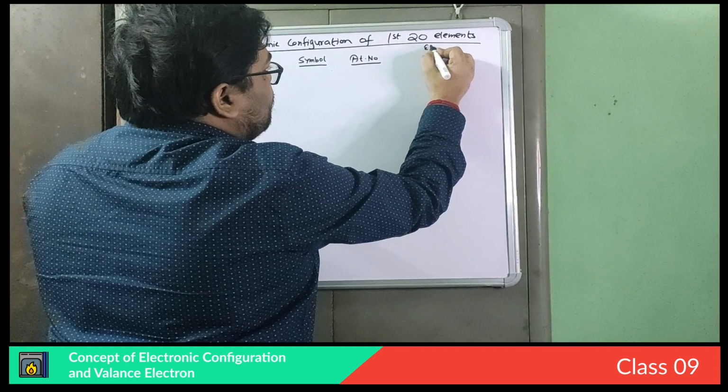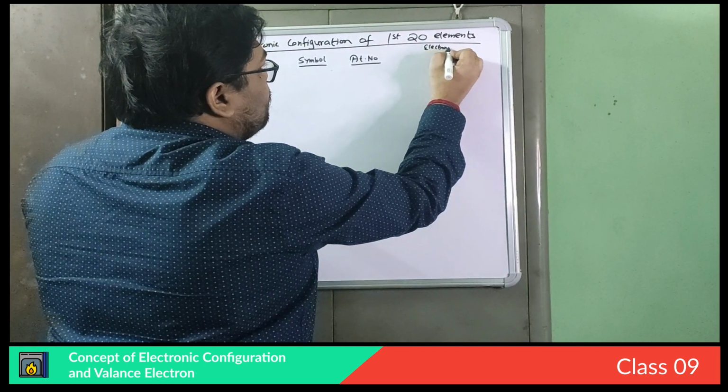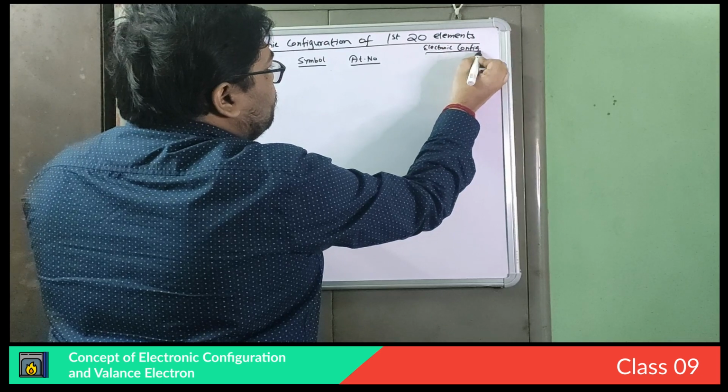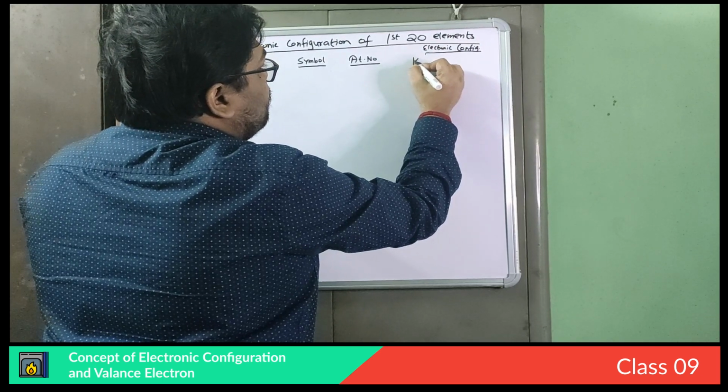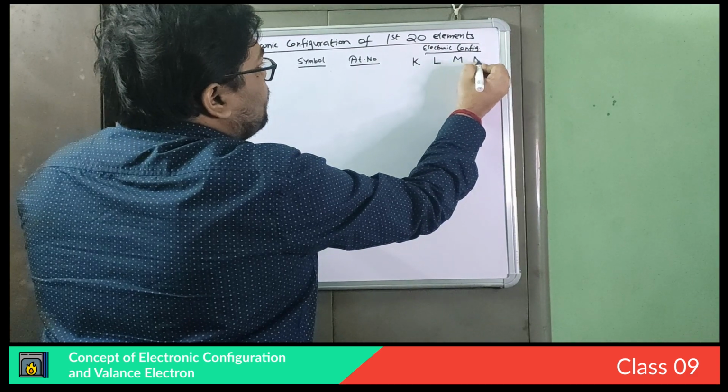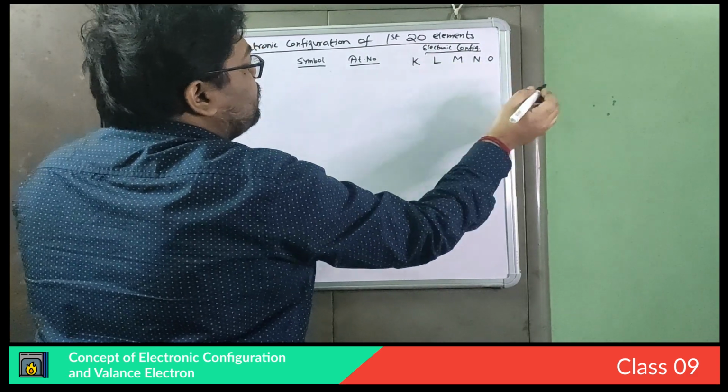Now I am writing here electronic configuration, and under this I am dividing it into K, L, M, N, O shells, right?